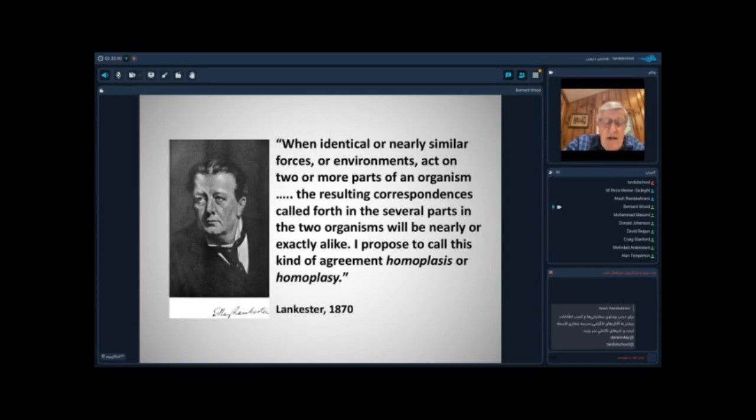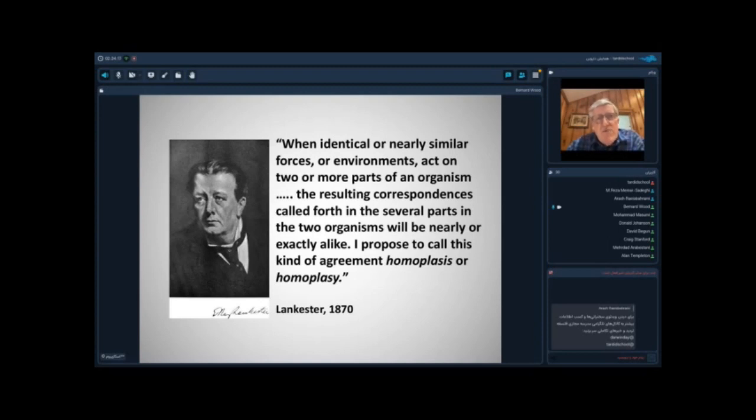Homoplasis never caught on, and in fact, homoplasy didn't catch on for a long, long time. This was 1870, and basically his observation was buried, and nobody really took much notice of it until molecular evidence came along, which was able to give us much more secure information about relationships.